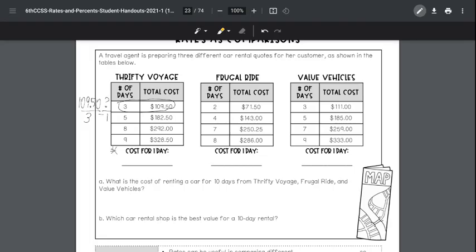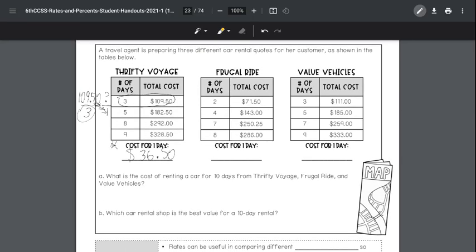Okay, so if you cross multiply and then divide, 109.5 times 1 is the same thing. Divide that by 3, and you get $36.50 per day going with Thrifty Voyage.